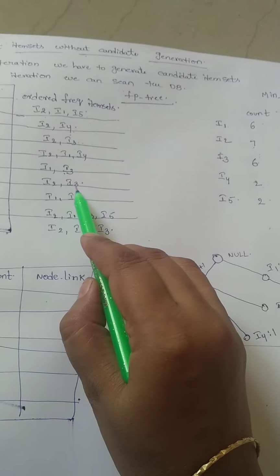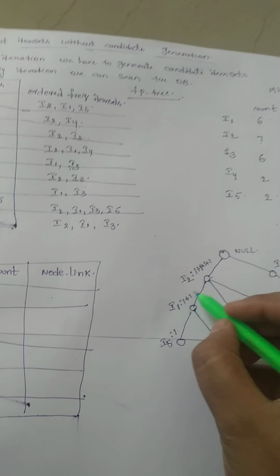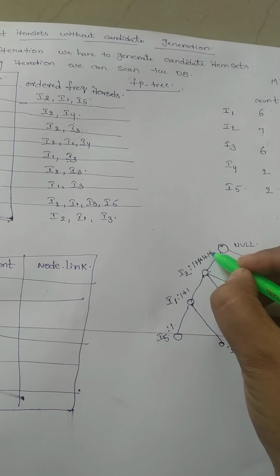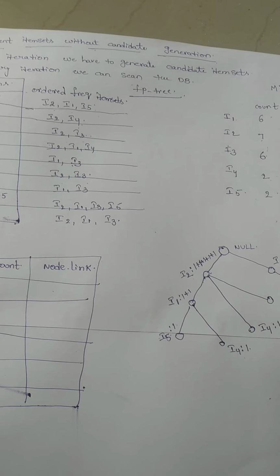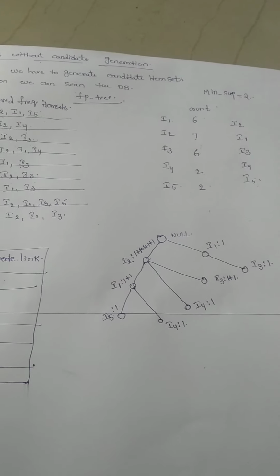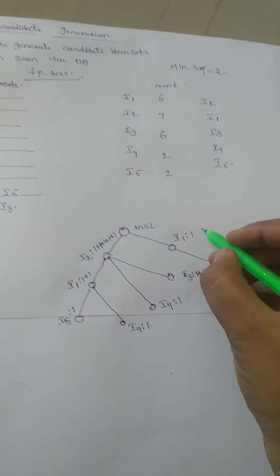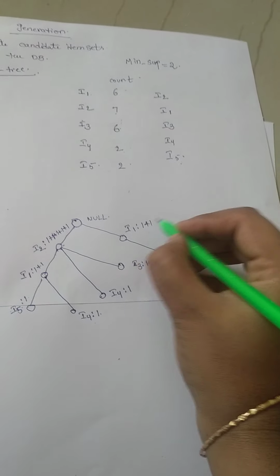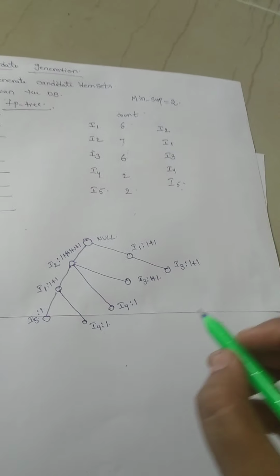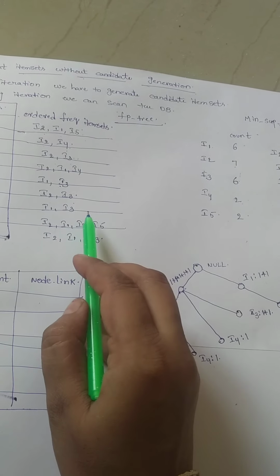Next one I2, I3. Here I2 is there, so I2, then I3, and this is 1. Next one I1, I3, which is already there. I1, I3 is completed.